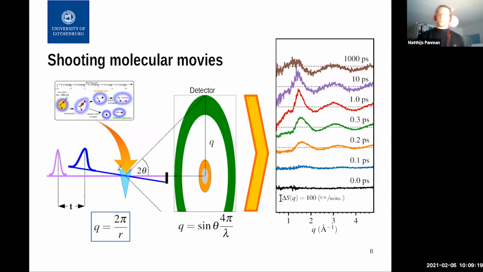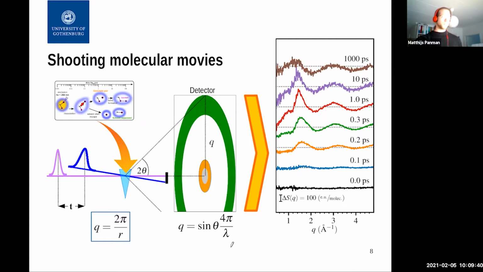And we do this with several delays after excitation. By delaying the X-rays with respect to the pump, we can record the dynamics of the reactions. And so we generate difference scattering curves by subtracting the unpumped shots from the pumped shots.